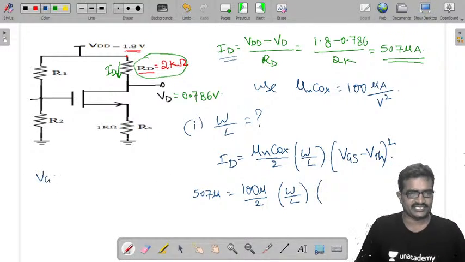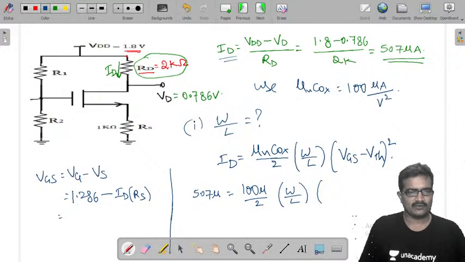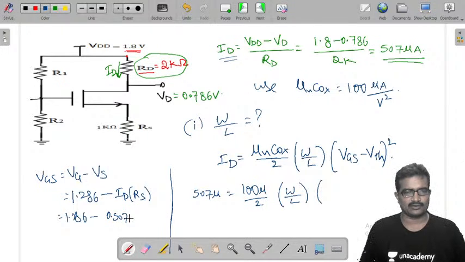So VGS is voltage at gate minus voltage at source. Voltage at gate is 1.286 and voltage at source is ID times RS.